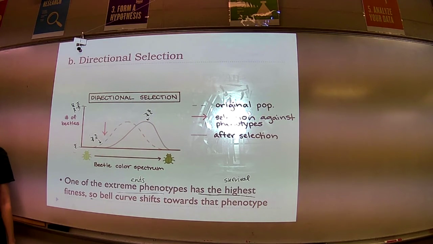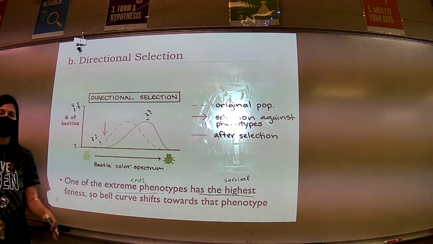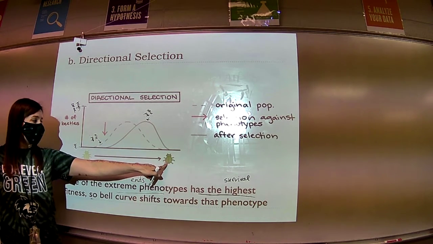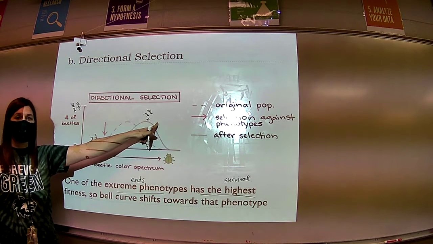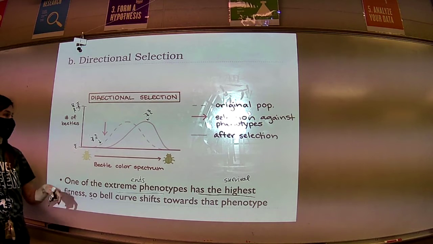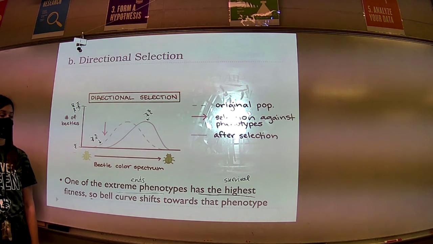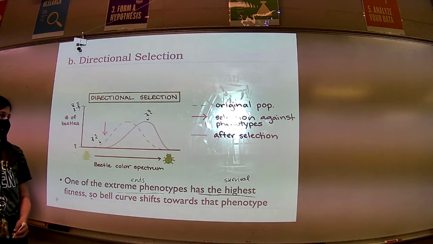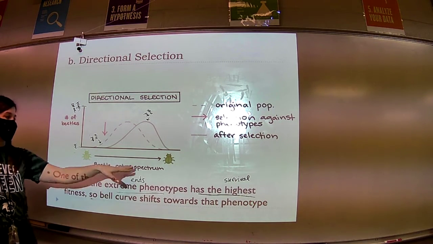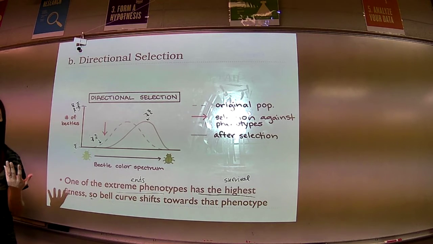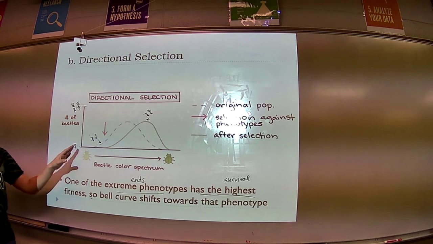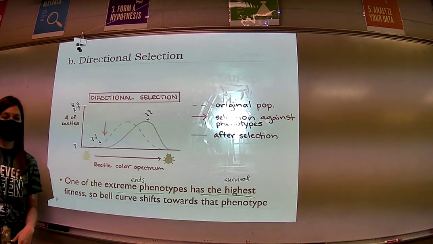Now the leaves are dark green, so it shifts so that the dark green beetles have the highest survival rate, and the light green beetles have the lowest survival rate. In this example, we're shifting towards the dark green. We could do the exact same thing if it shifted towards the light green. It's just shifting either to the left or to the right.